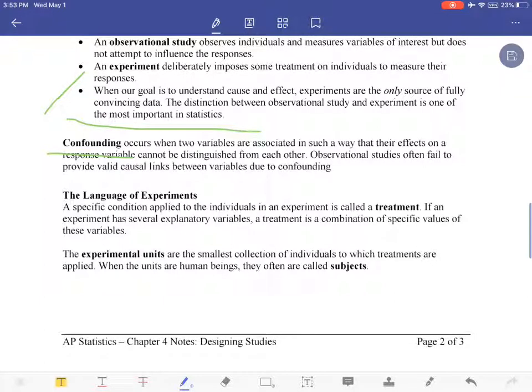So, for example, our balloon example, I don't know if you remember it all the way back in, I think it was September, we did an experiment to see what the relationship was between the length of the balloon and how far it flew in the air. But we didn't have good results because there was a confounding factor because the different balloons had different shapes.